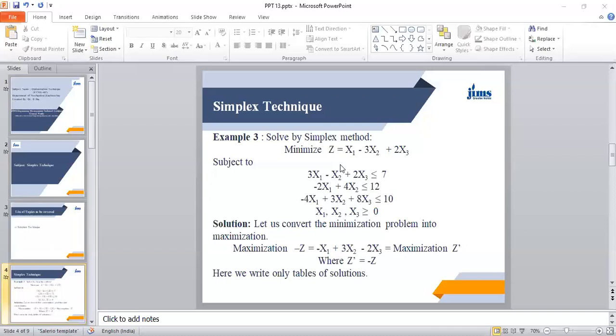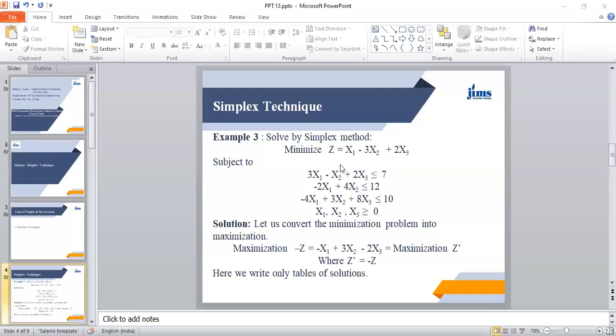If there is a negative value on the right hand side, then we change the inequations, say less than type into greater than type or greater than type to less than type, by multiplying both sides with minus 1. But in this particular problem, all the values on the right hand side are positive and all the variables are also positive.